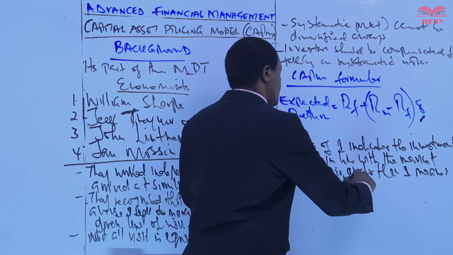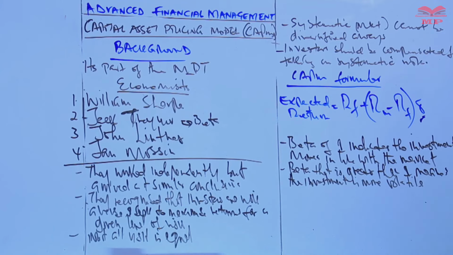So if you have an investment with a beta of 1.2, 1.3, 1.1, anything more than 1, that tells you that investment is risky.